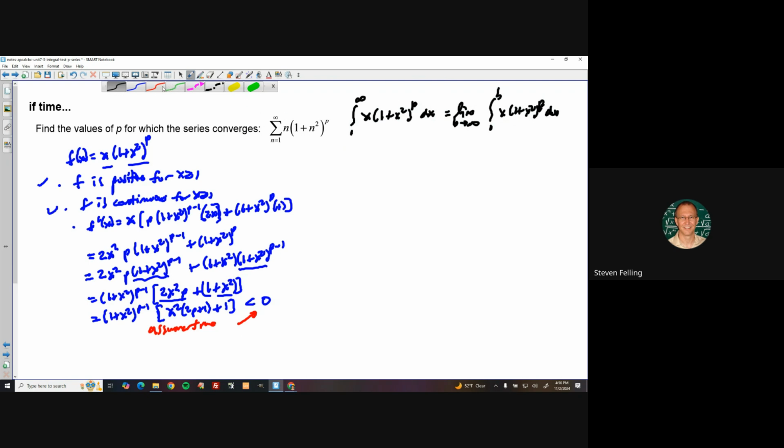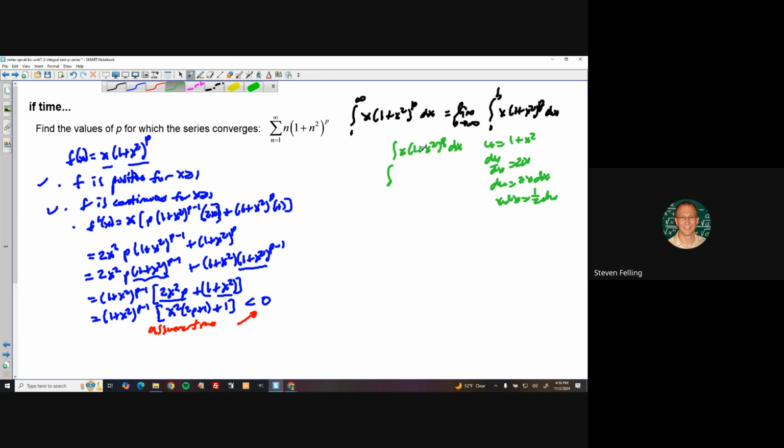I'll change colors here. For the indefinite integral, we've got x(1 + x squared)^p dx. We'll do a u substitution with the inside, 1 + x squared. The derivative is 2x, so du is 2x dx, so x dx is 1/2 du.